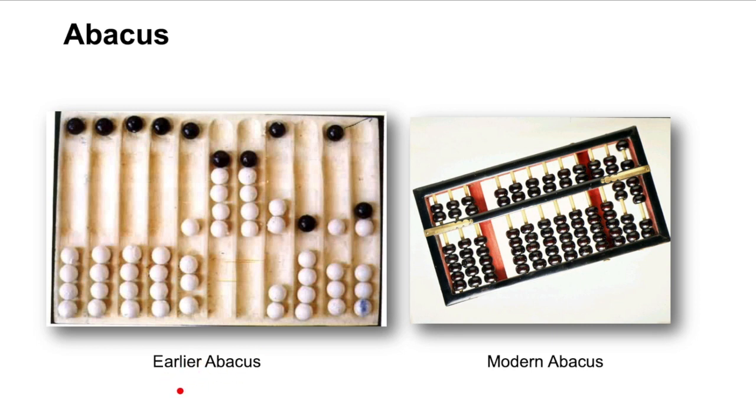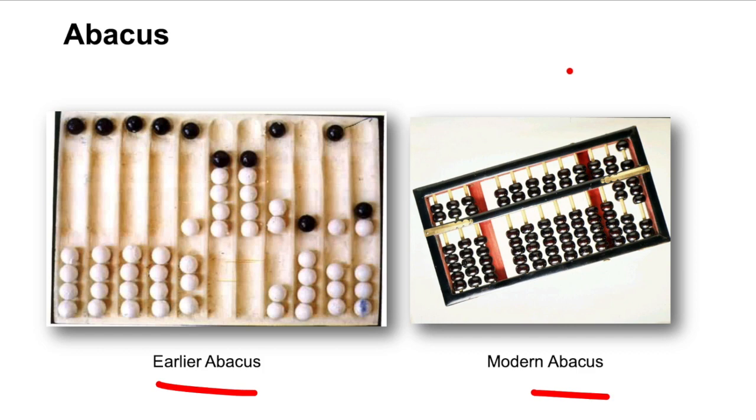These are the previous abacuses, and these are the modern abacus. It consists of a lot of panels here, and you can number each one of them as ones, tens, or hundreds, and the movement up and down or left to right will indicate the number of things happening.